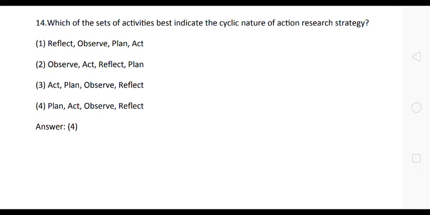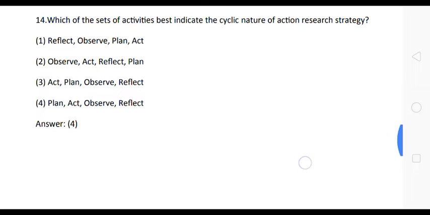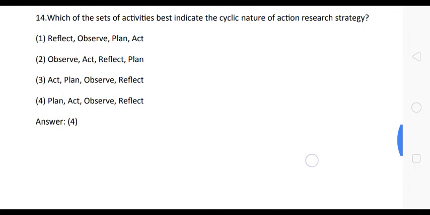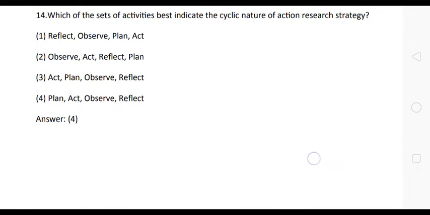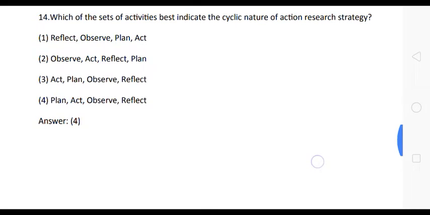Option 1, reflect, observe, plan, act. 2, observe, act, reflect, plan. 3, act, plan, observe, reflect. 4, plan, act, observe, reflect. Here the correct answer is option 4, plan, act, observe, reflect. Okay, friends, option 4 is the correct answer.